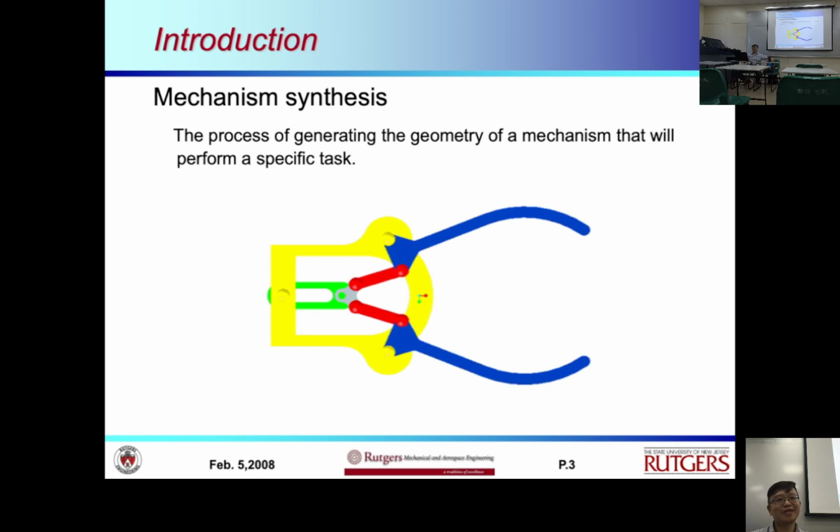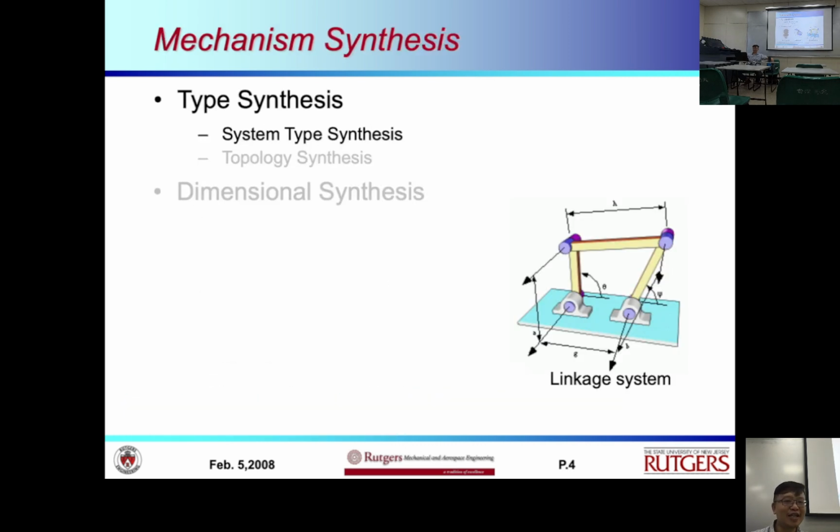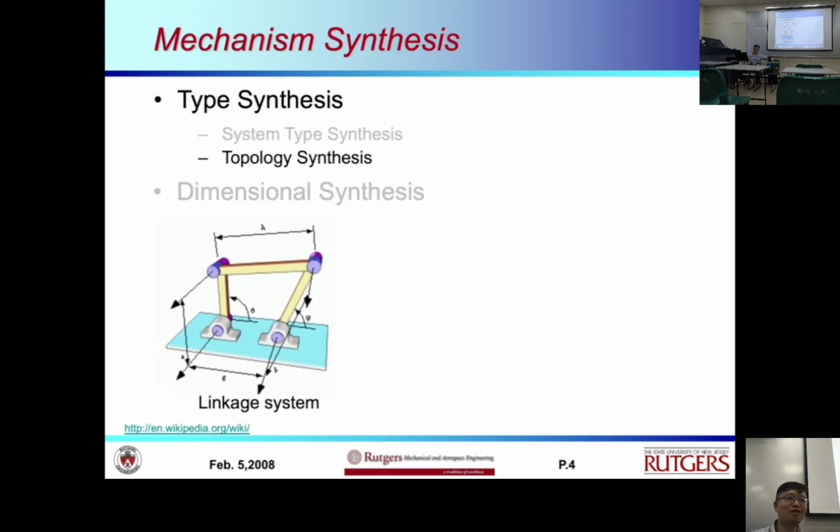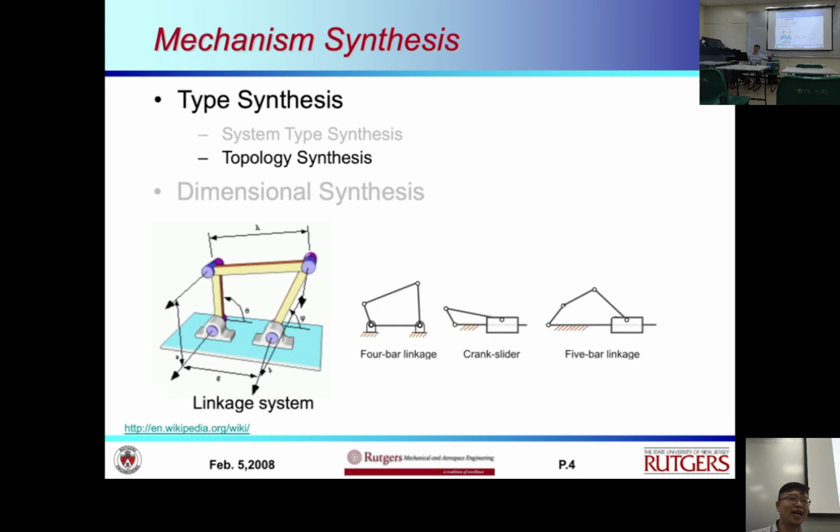The idea is how you define linkage designs. In Professor Chen Yuxin's lab at National Cheng Kung University, they try to build different maps of types of linkages with different numbers of links.